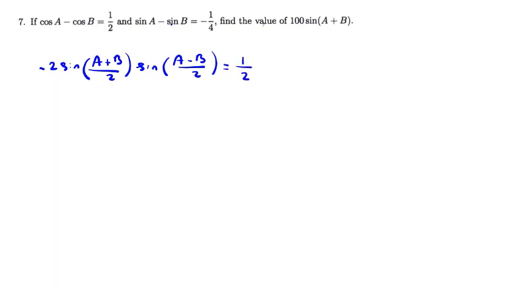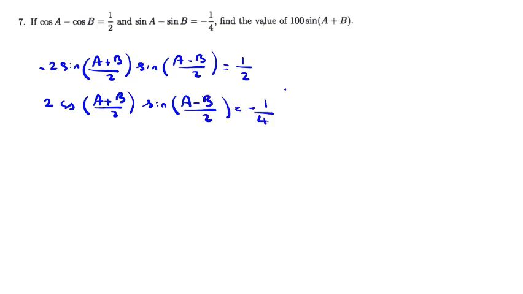And for the next one, sine A minus sine B equals 2 cos (A plus B)/2 times sine (A minus B)/2, which equals negative 1 over 4. If we divide, the 2 and the negative will cancel, and the 2 sine (A minus B)/2 will cancel. We have tangent (A plus B)/2.